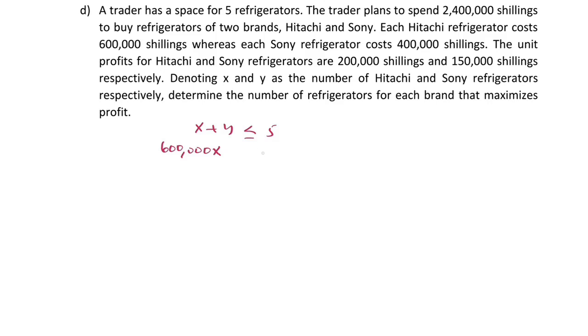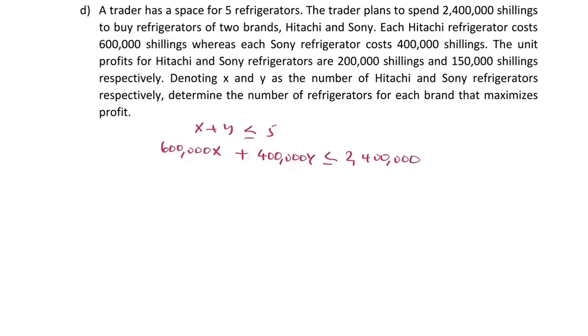And 400,000 will be used to buy one Sony, so 400,000 Y will be spent to buy Y Sony refrigerators. The summation of these two amounts spent is going to be less than or equal to 2.4 million shillings.